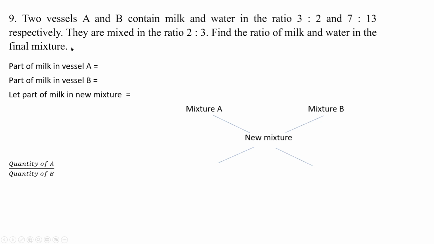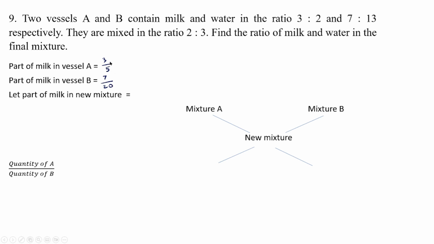So here part of milk in vessel A is 3/(3 plus 2), which is 3/5. Similarly, part of milk in vessel B is 7/(7 plus 13), which is 7/20.